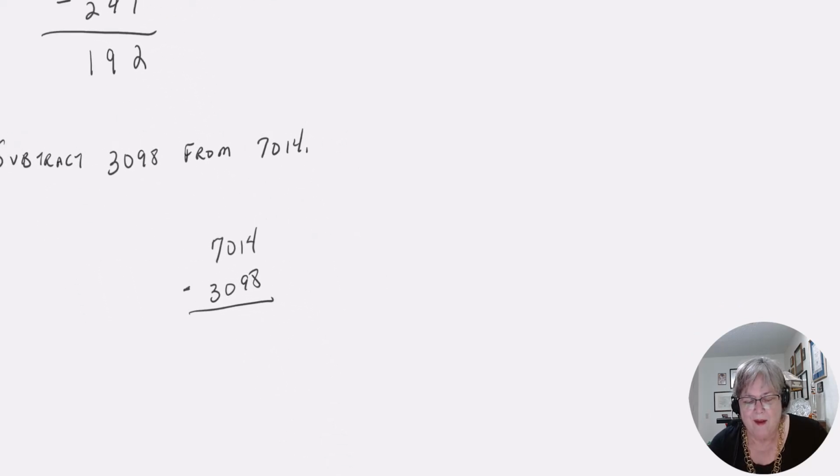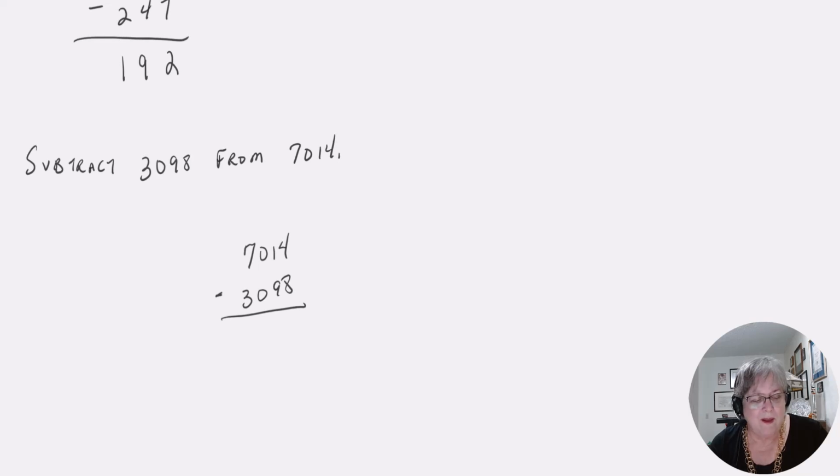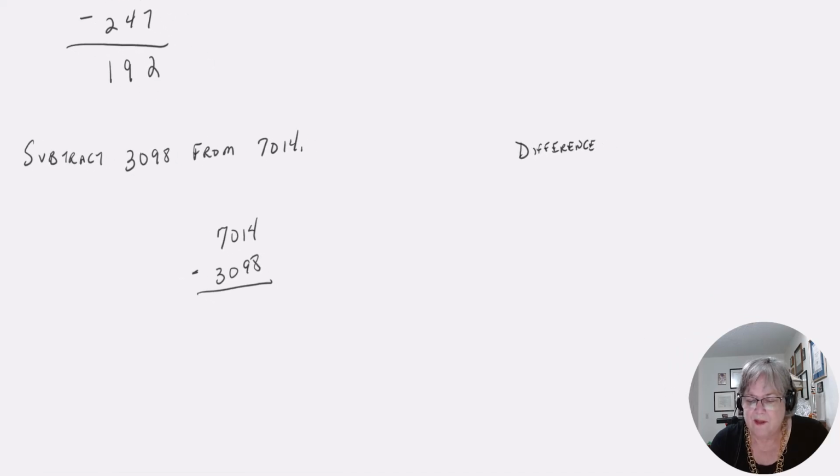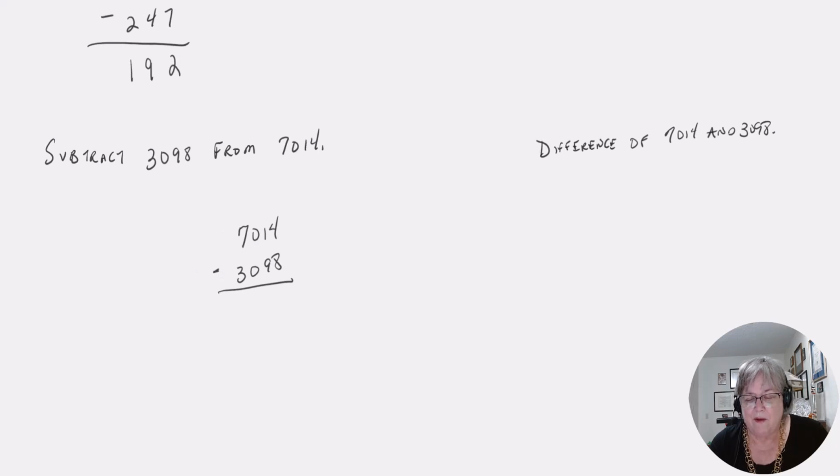Now, subtract means one thing. If they had asked for the difference of these, they would have asked you for the difference of 7,014 and 3,098. So be careful. When this says subtract 3,098 from 7,014, this is where you start.